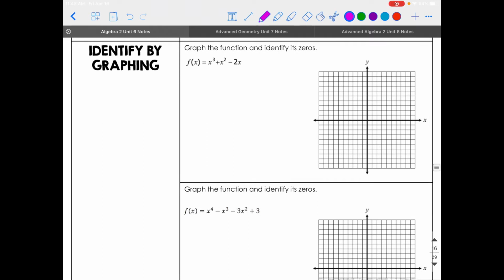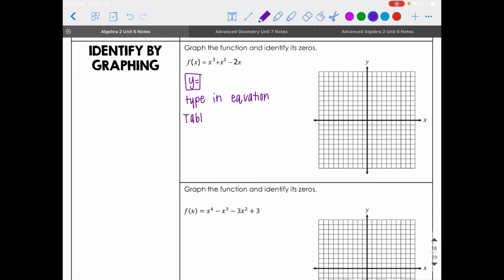So let's look at some graphs, and we'll graph them and find their x-intercepts. To graph, you need to go to y equals and type in your equation. So I'm going to go to y equals and type in x cubed plus x squared minus 2x.